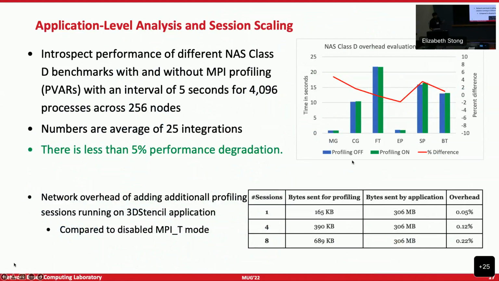Let's say a real application is running, for instance an NAS benchmark, and the underlying MPI runtime is collecting data and exporting it to OSU INAM. How much impact does it have on the execution time of the application? As you can see, the overhead is very, very low, less than 1%. We feel that's a reasonably acceptable overhead for the kind of benefits that OSU INAM can give.